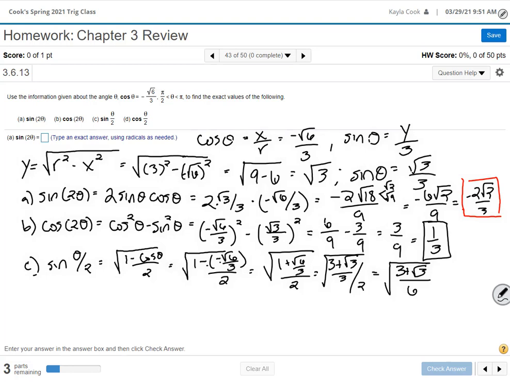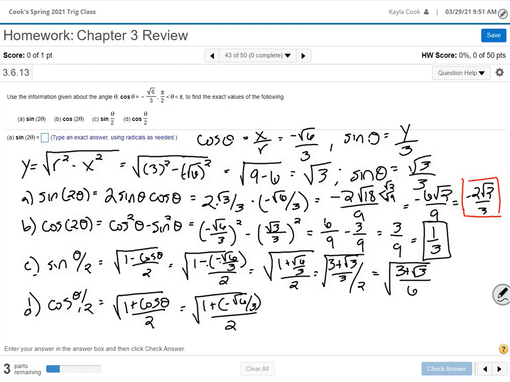So then with cosine theta, we're going to have a very similar thing, except when I work it out, that negative and a positive is now going to be a negative, minus root 6 over 3 over 2, and so using the very same methods I get 3 minus root 3 over 6.